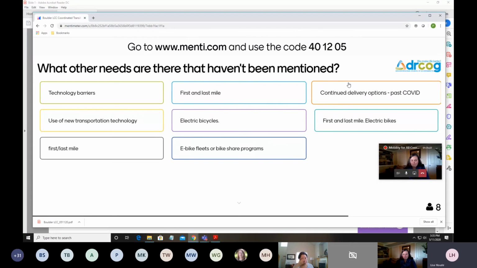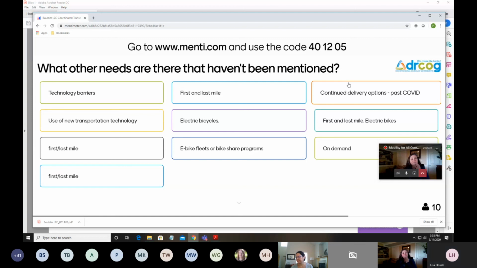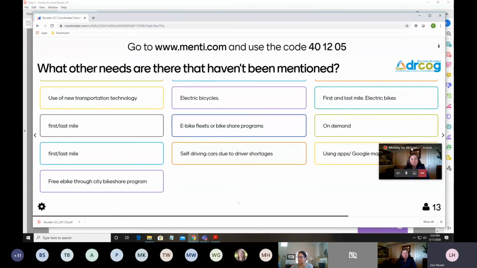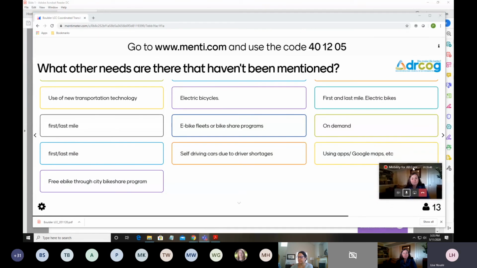And electric bikes. On-demand services, first and last mile. Great minds think alike. Self-driving cars due to driver shortages, using apps and Google Maps. Free e-bike through city bike share program.